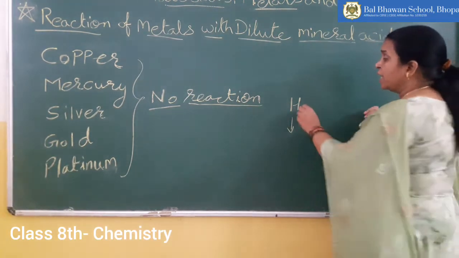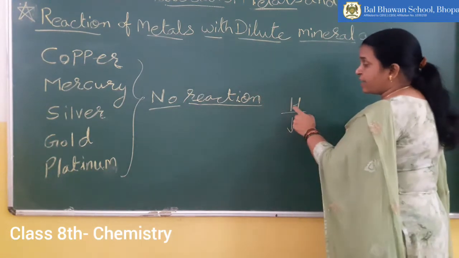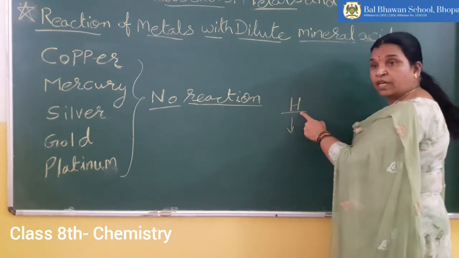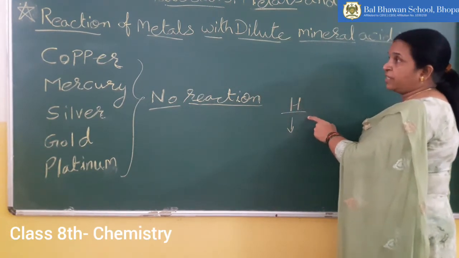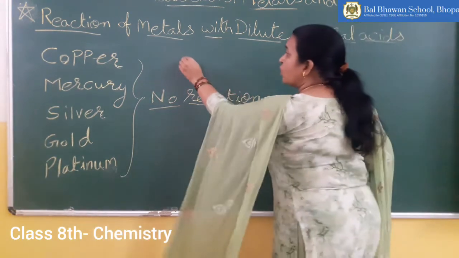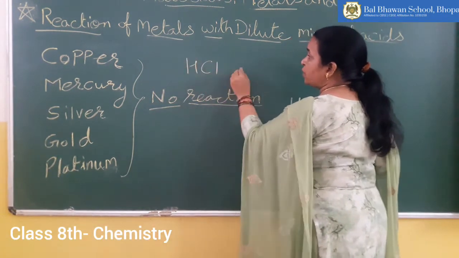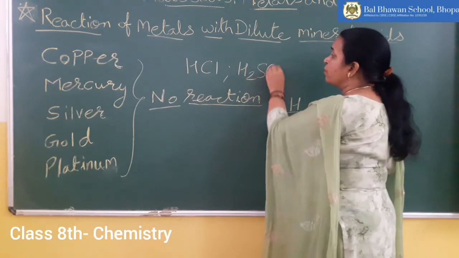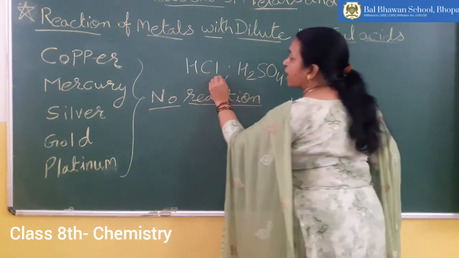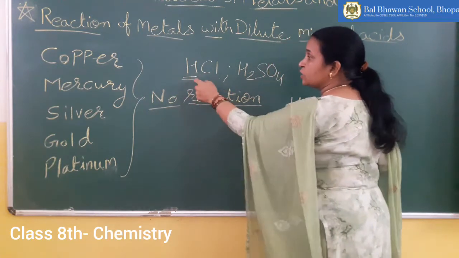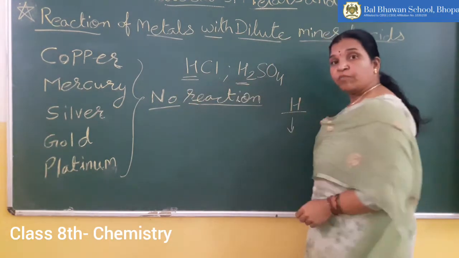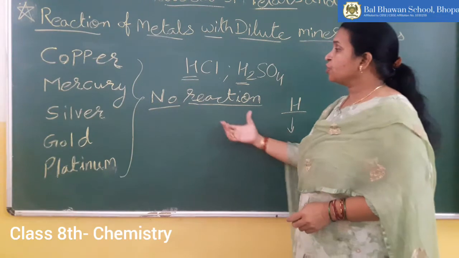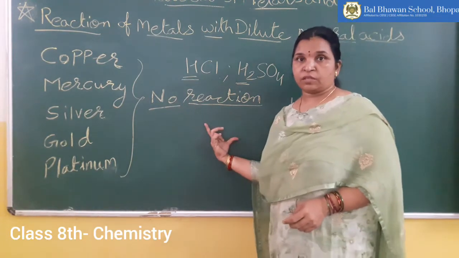That means they are less reactive than hydrogen, and that is the reason that they are not able to displace hydrogen from any mineral acid. They are not able to displace this hydrogen from the mineral acid, so there will be no reaction.